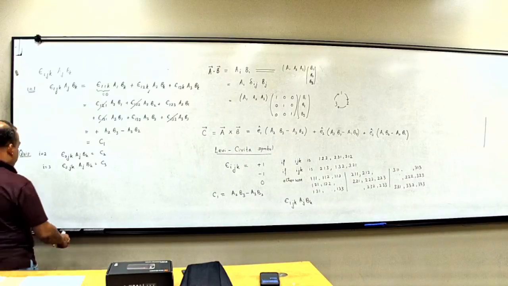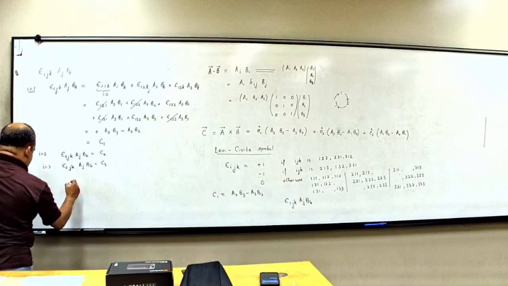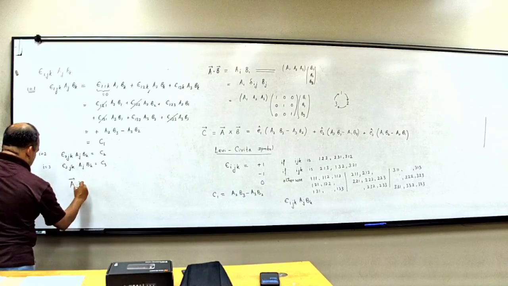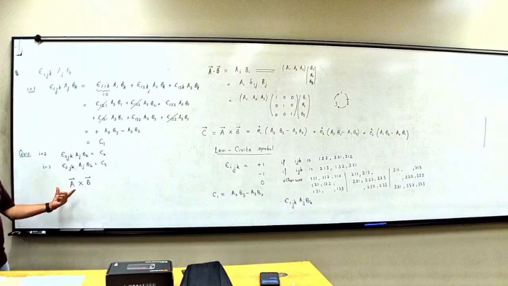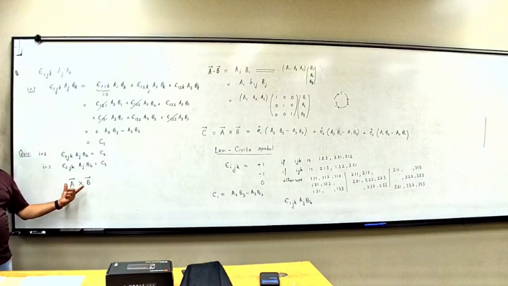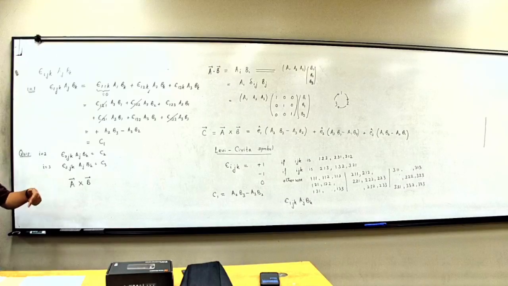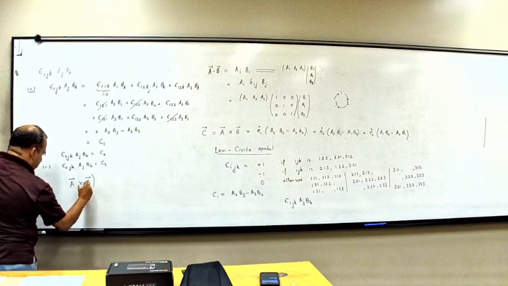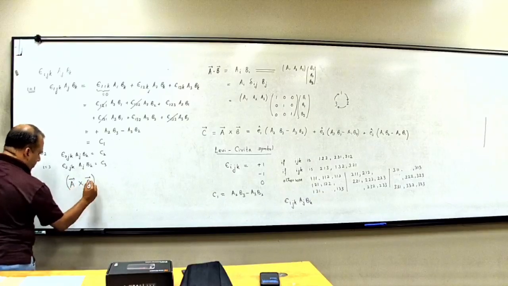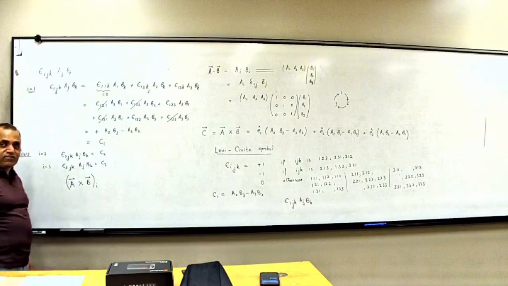So in general, we have a vector product A cross B. Not really the vector product itself. Notice when I say a vector, it is not the same as the components of a vector. So this is a vector and it has the components i.